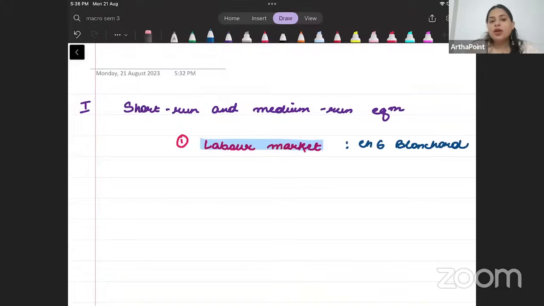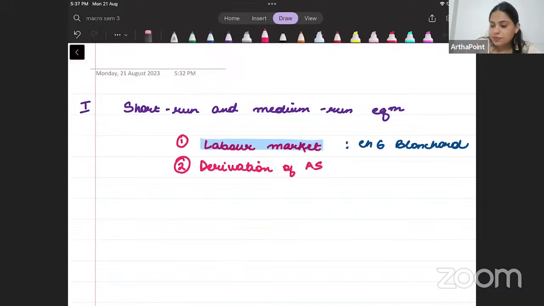Okay, beta. Then the second thing that I will be covering here is the derivation of the AS curve. So once we have understood, I want to also talk about in labor market, what is unemployment rate, what is natural rate of unemployment and so on.